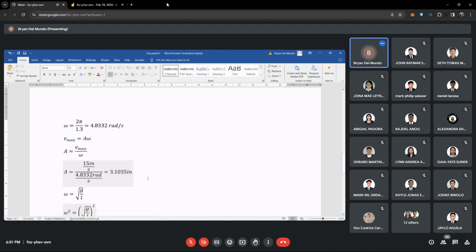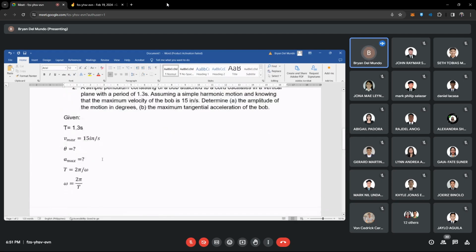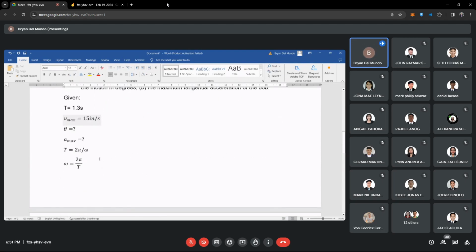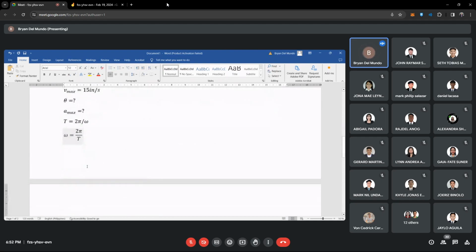So ulitin ko lang. The first one, we try to evaluate yung ating given and then yung ating unknown. So meron tayong unknown dito na theta, or yung amplitude niya in degrees, and then yung ating maximum acceleration. So we try to solve first the amplitude of the motion.